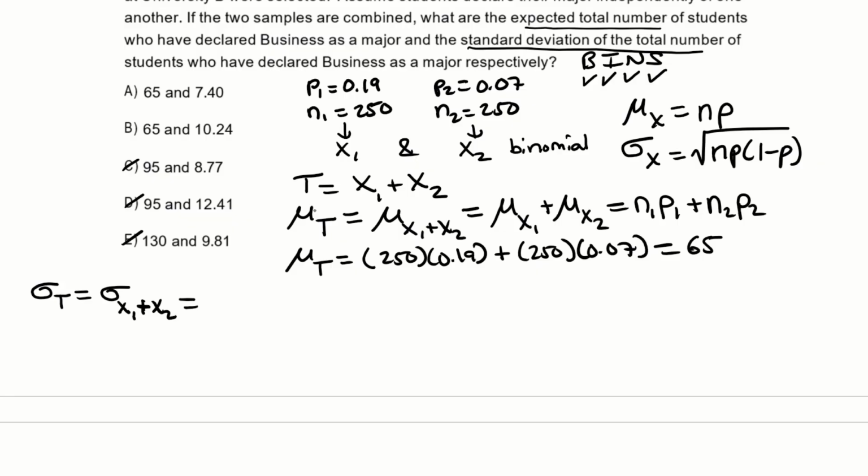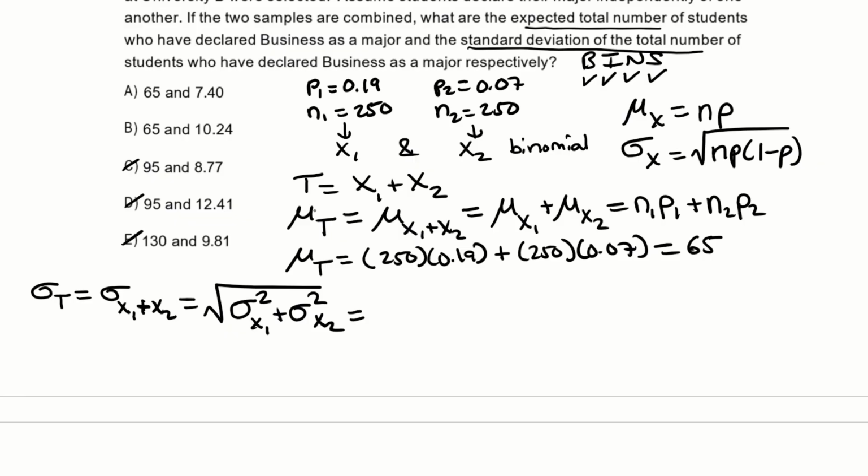In order to do this, remember, it's a Pythagorean sum. So you have to do the Pythagorean sum, where it's the square root of a squared plus b squared, in this case the square root of sigma squared X1 plus sigma squared X2. Now we know what sigma squared X1 and sigma squared X2 are, so we're going to plug that in.